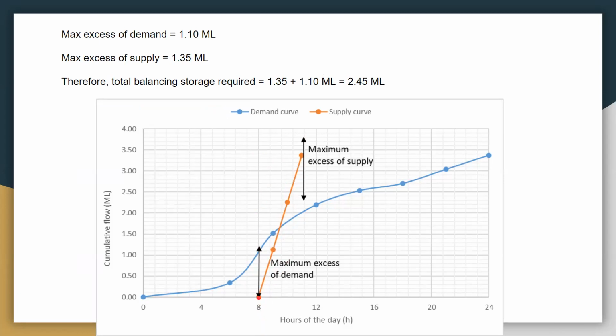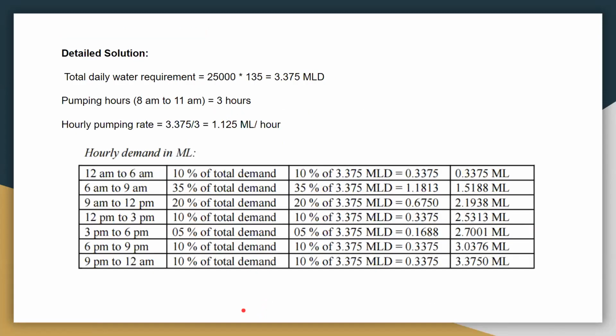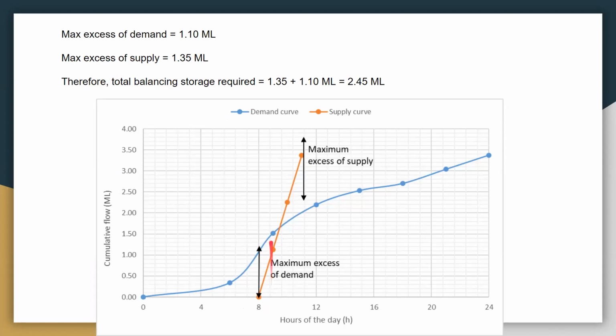So you can see at 8 a.m. it is 0, at 9 a.m. it is 1.125. Again 1.125 plus 1.125, that is around 2.25 at 10 a.m., and at 11 a.m. it will become 3 times 1.125. So this is the supply curve.